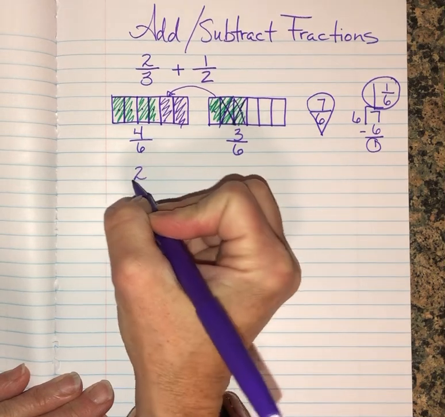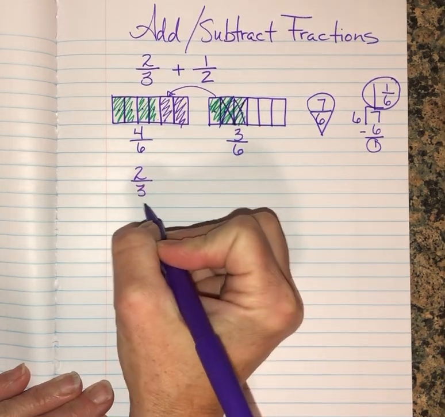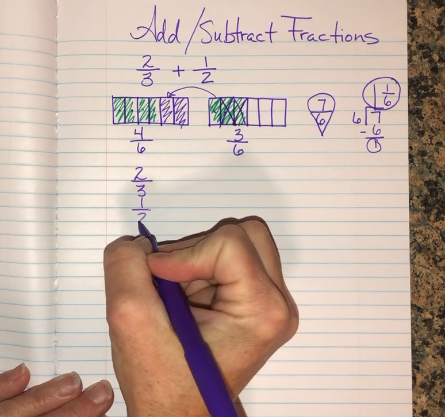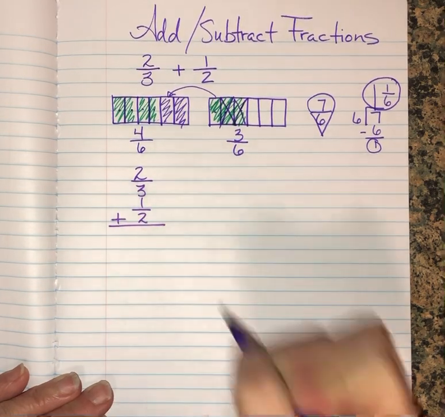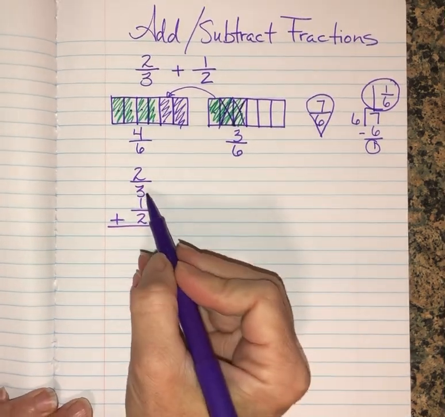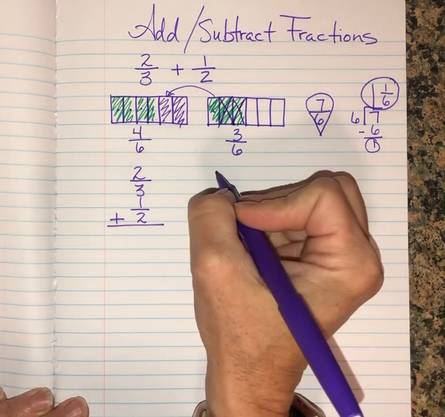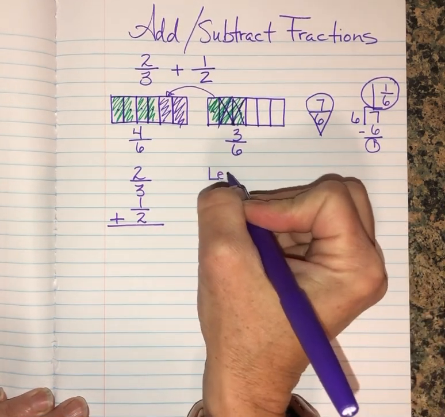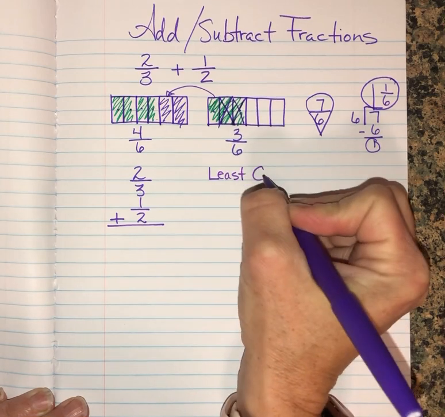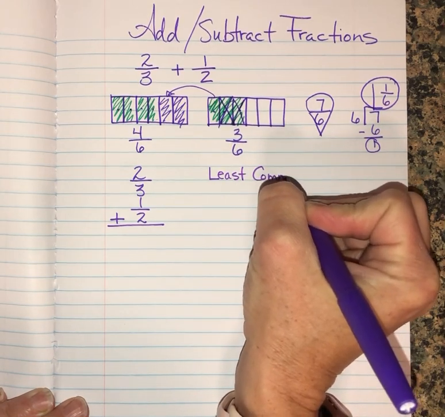So when I add 2 fractions up, I stack them up vertically this way. The first thing I'm going to do when I have unlike denominators is to find the least common denominator.